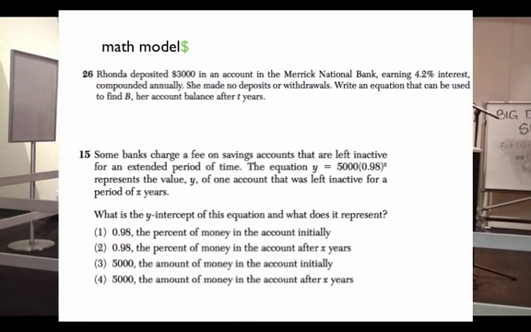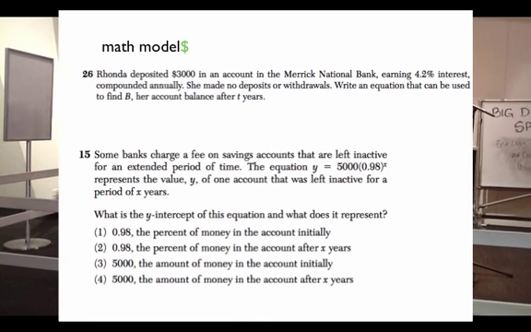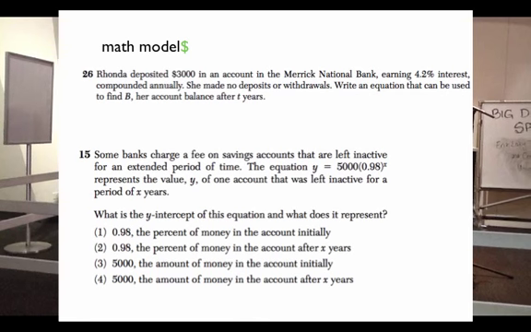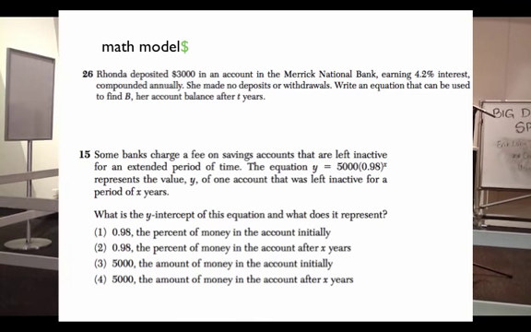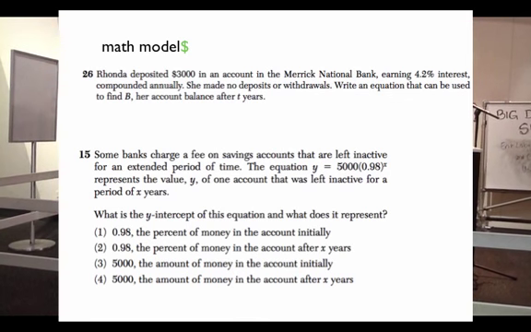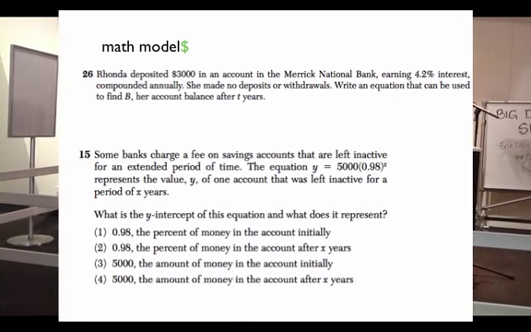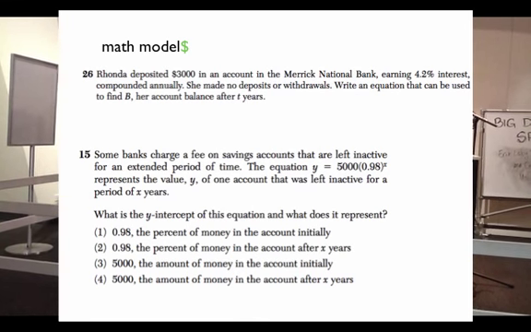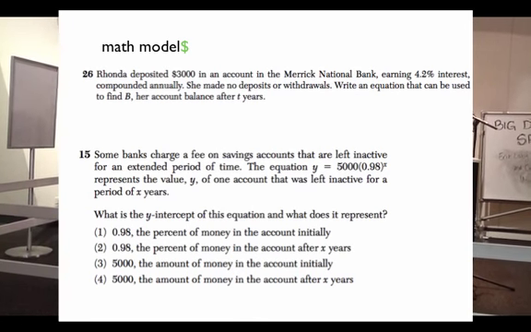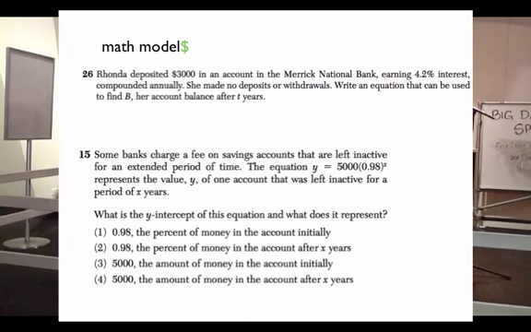But then question 15 asks the student to see where the function intercepts the y-axis. So it requires students to have a deep knowledge of not just solving an equation or coming up with an equation, but also being able to model it in a different context.